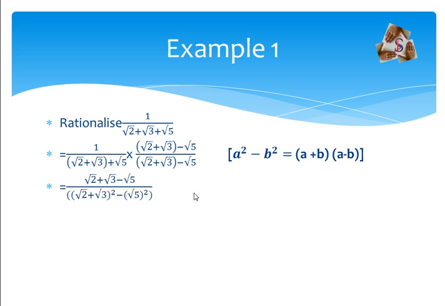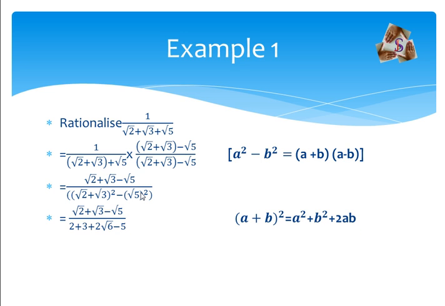So, I simplify by applying this identity here. So it becomes root 2 plus root 3 plus root 5, so it is of the form a plus b into a minus b. That is a square minus b square. And my numerator is root 2 plus root 3 minus root 5.